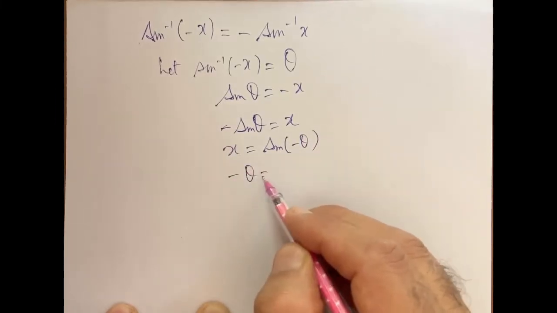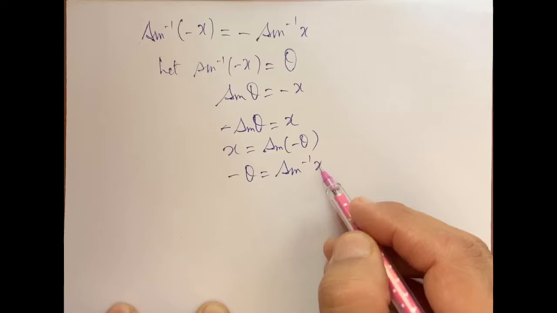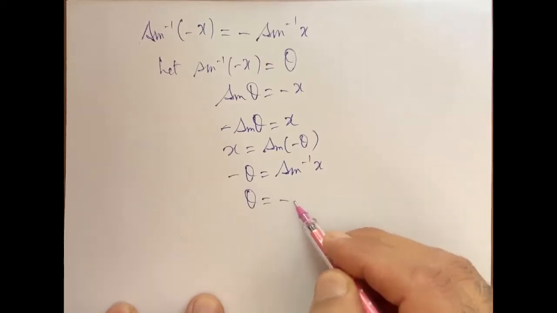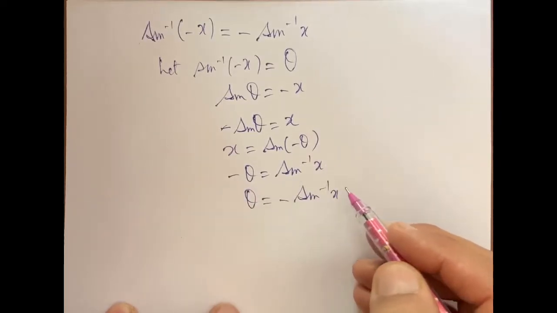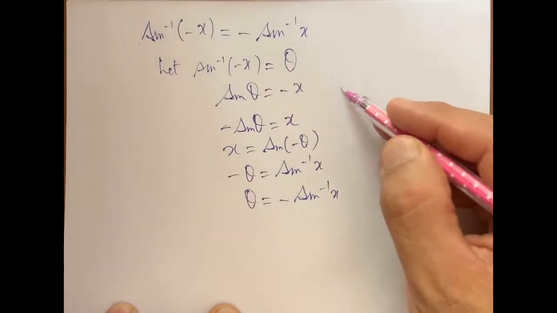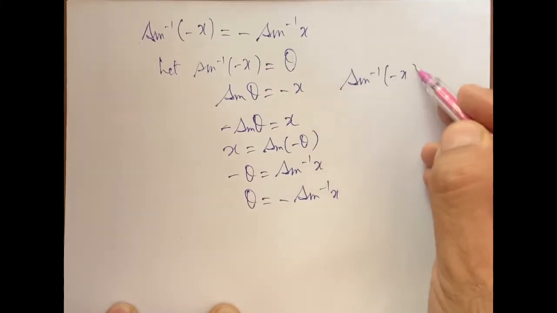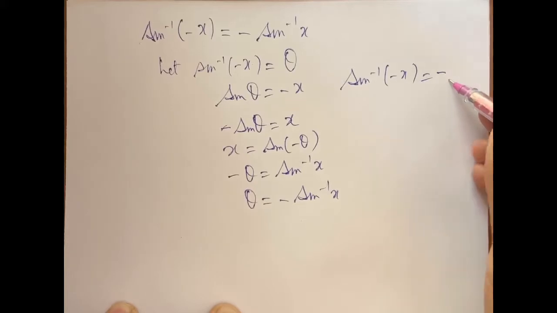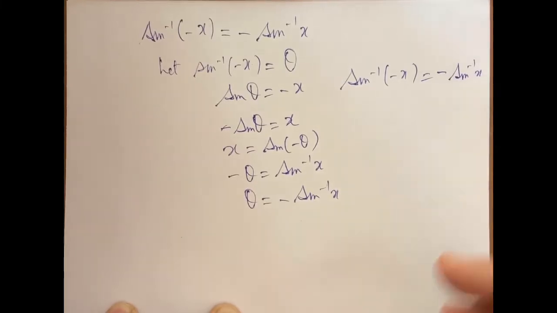So this gives us minus theta as sine inverse of x, or theta as minus of sine inverse of x. So theta is sine inverse of minus x, and this is also theta, minus sine inverse of x. This is how we prove this.